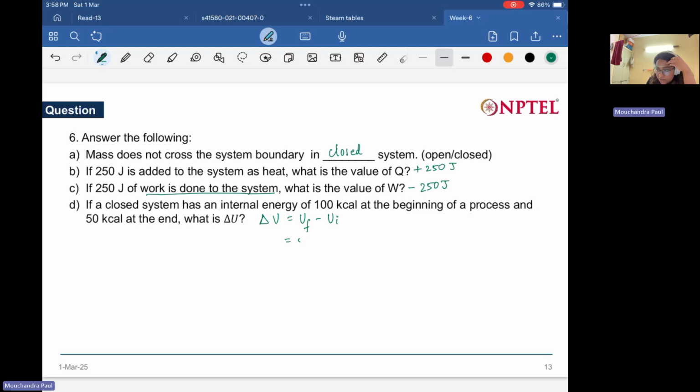So at the end, there was 50 kilocalories and initially there was 100 kilocalories. So delta U will be minus 50 kilocalories. All right.